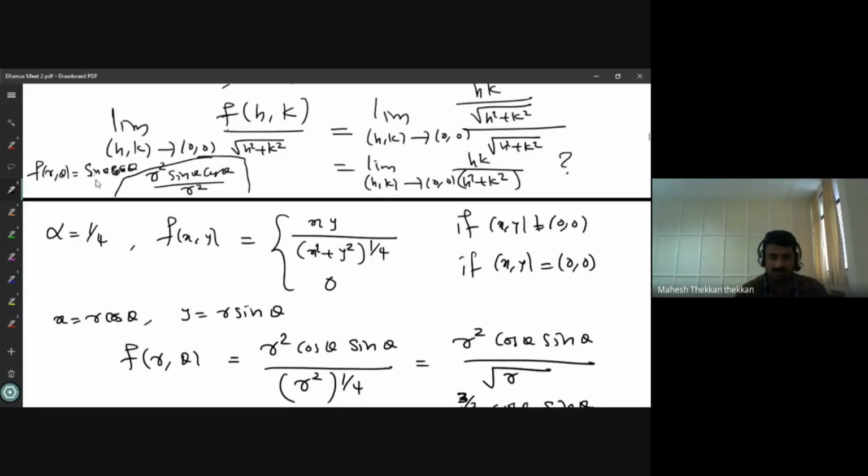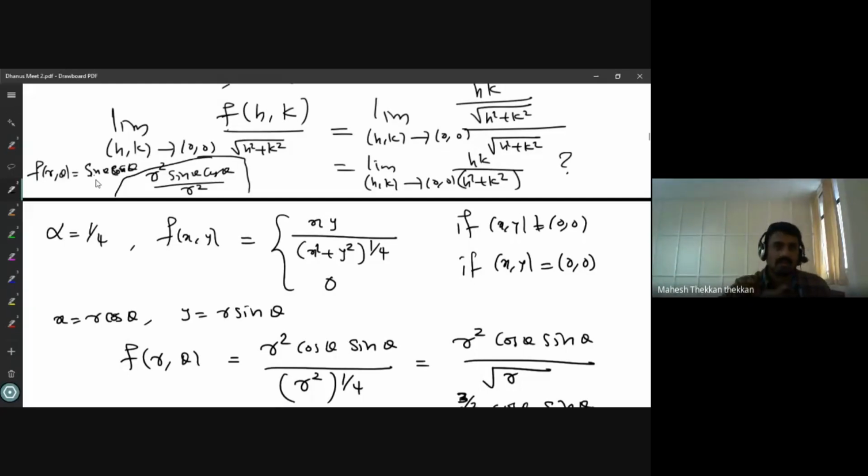It is the same as considering the line y equal to x or y equal to 2x. For the line y equal to x, theta is pi by 4. If you take the line y equal to 2x, you can find the appropriate theta. In that case you will get 1 by 2 for one and 2 by 5 for the other. Do you remember, while approaching along y equal to 2x we got 2 by 5, and along y equal to x we got 1 by 2?